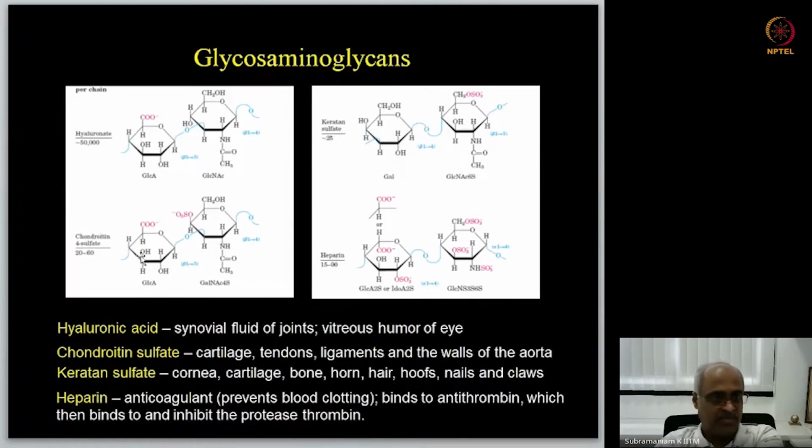Okay, so these two have uronic acid and this doesn't have. And instead it has usually galactose attached to N-acetyl glucosamine, where the sixth carbon has a sulfuric acid attached. Okay, so it's an ester between an alcohol hydroxyl group and then the mineral acid, sulfuric acid.